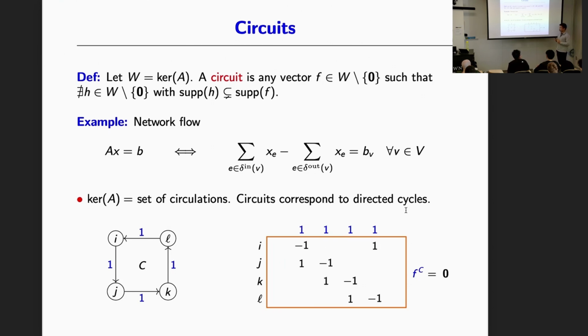So here the matrix is the regular node-arc incidence matrix, and f_C is the flow induced on this cycle, which is the same on every edge. And you can scale it up and down. It's not unique, but it's unique up to scaling.